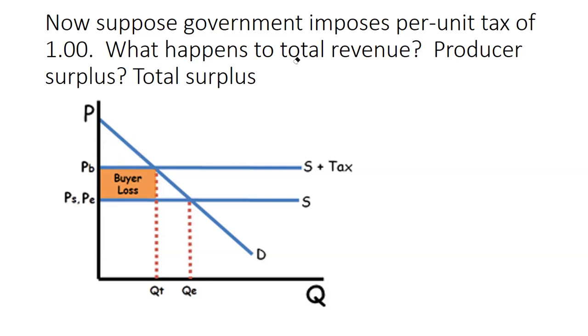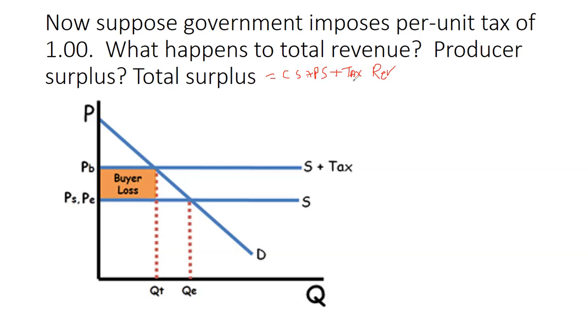Now, let me just say, total surplus here equals consumer surplus plus producer surplus, which was zero, so that doesn't really change, plus tax revenue. So tax revenue is in total surplus. The only thing taken out is deadweight loss, okay?